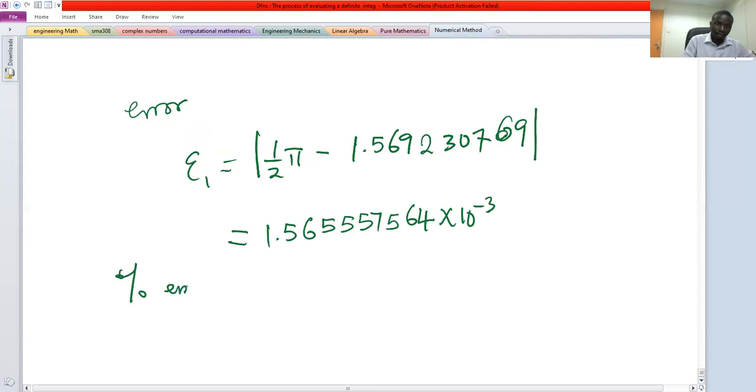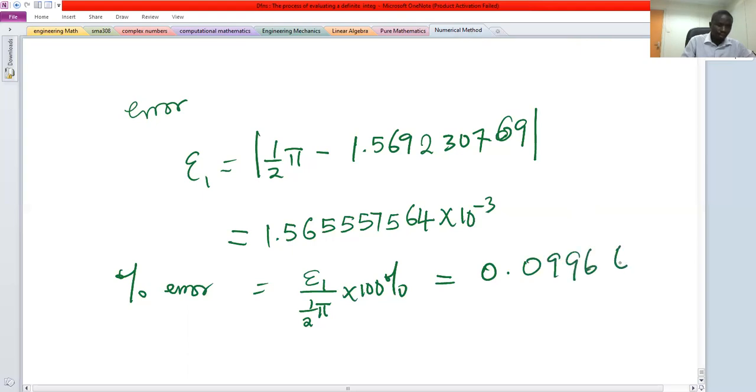The percentage error is given by the error over the true value times 100%, which gives me 0.00996649001%.